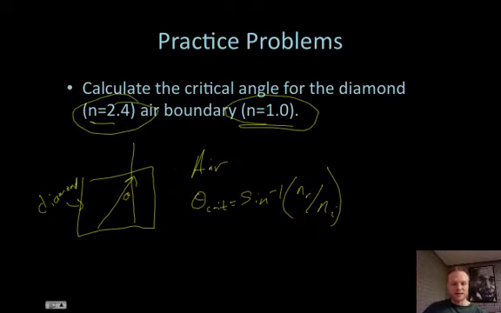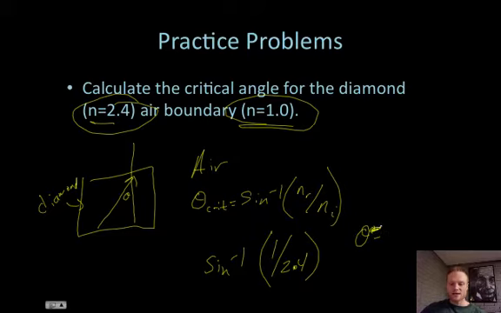It'd be 1. It's going into air. So it'd be 1 over, what is this light ray in right now? Well, it's in diamond, and the n is 2.4. And we would take the inverse sine of this division problem to get a critical angle of, if you do the math, about 24 degrees. I believe I rounded that answer, but it's about 24 degrees.